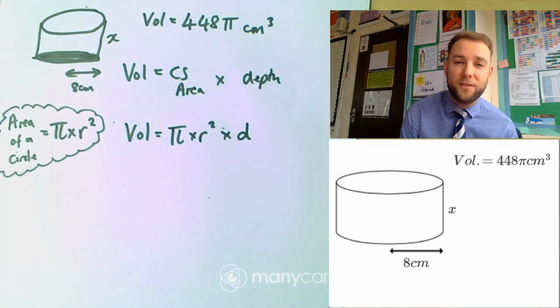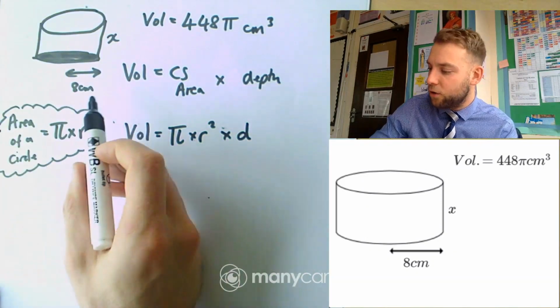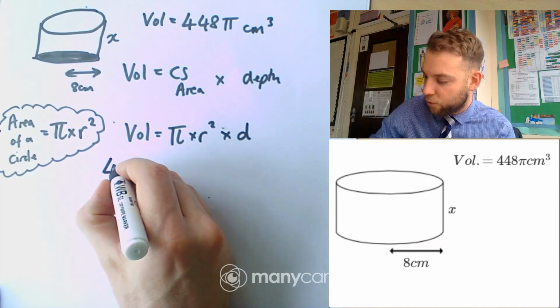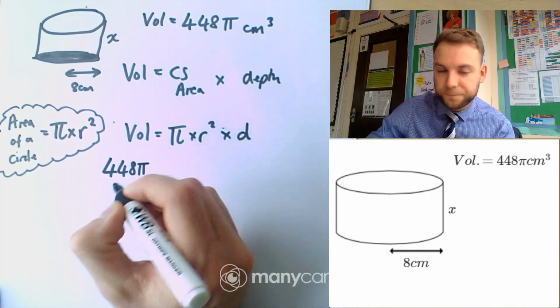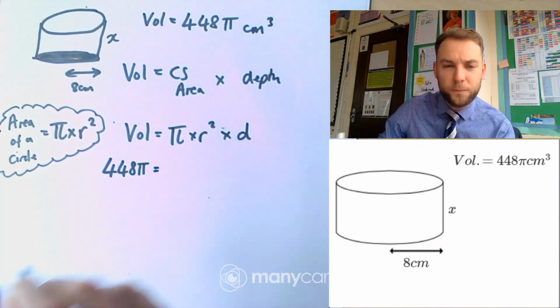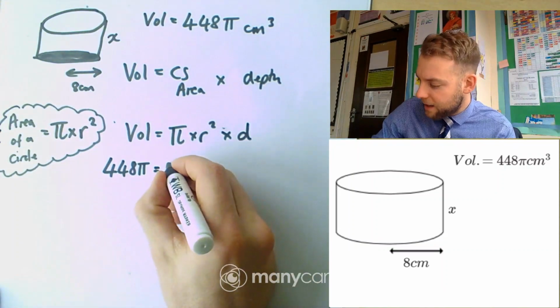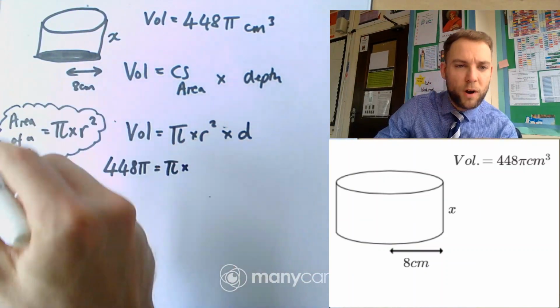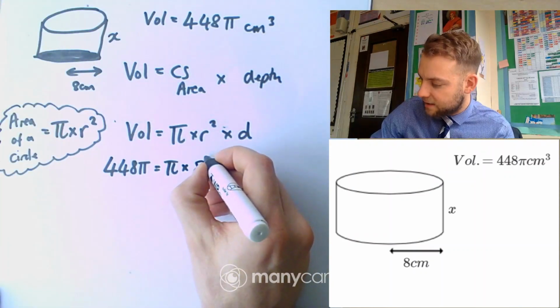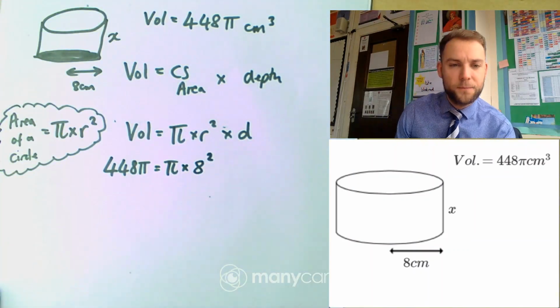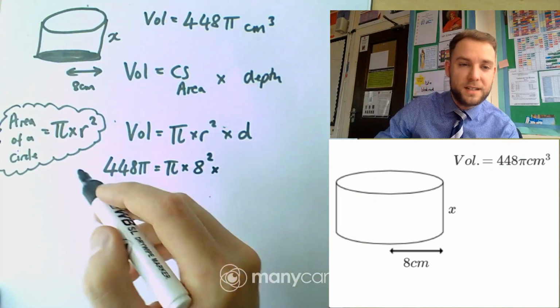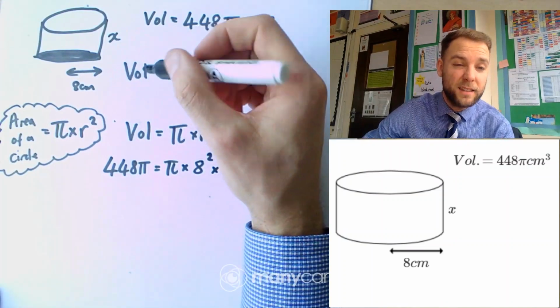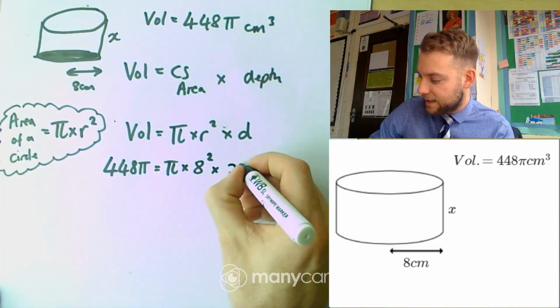Now let's substitute in everything that we know. So the volume in this case is equal to 448 pi, which is equal to pi times by the radius, which in this case is 8 squared, times by the depth, which looks like the height in this one, which in this case is x.